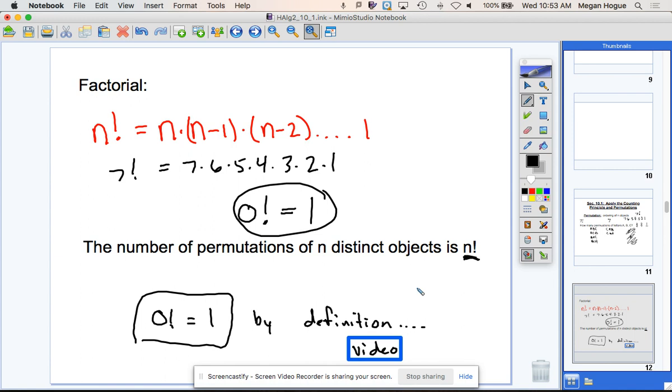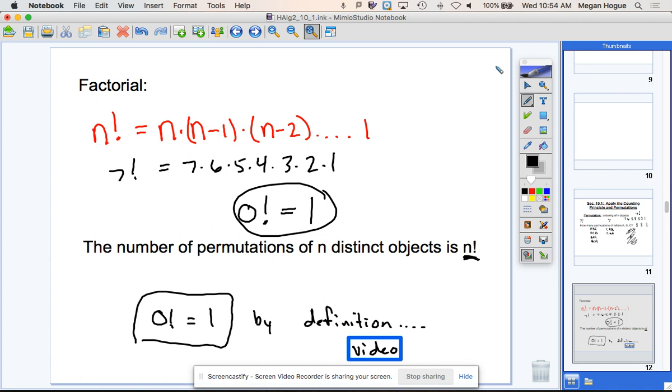They should have a factorial button. They do. So that's our next thing. On our calculators, I should have prepped a little better, but there is a button. I always have to look because I only use it once a year.